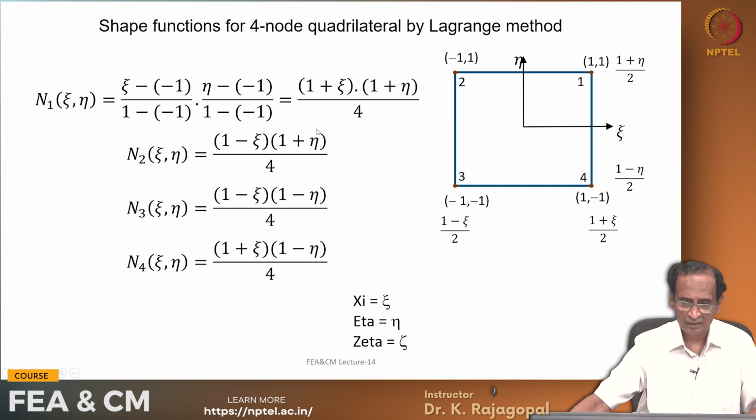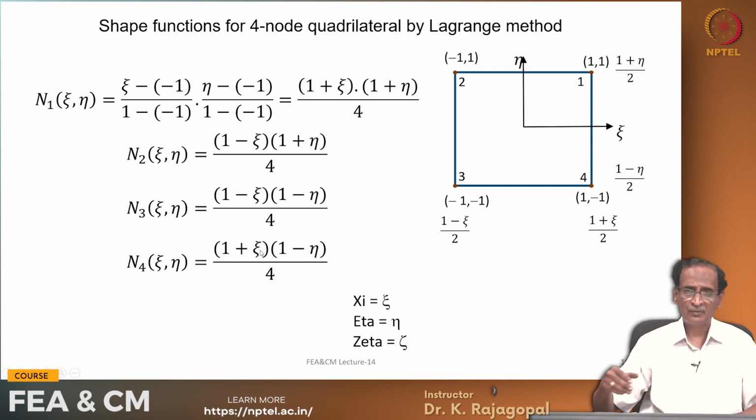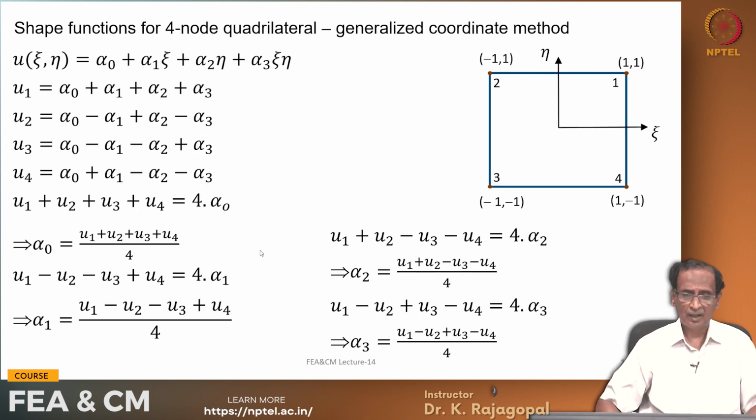So, these are the shape functions that we can directly write based on our Lagrange procedure, and we can also apply the generalized coordinate method and we will see that we get the same values.